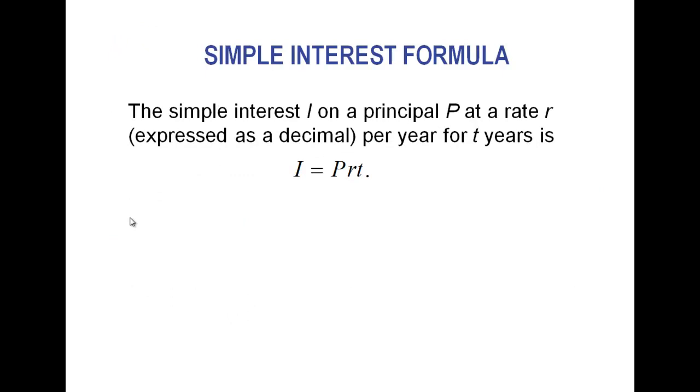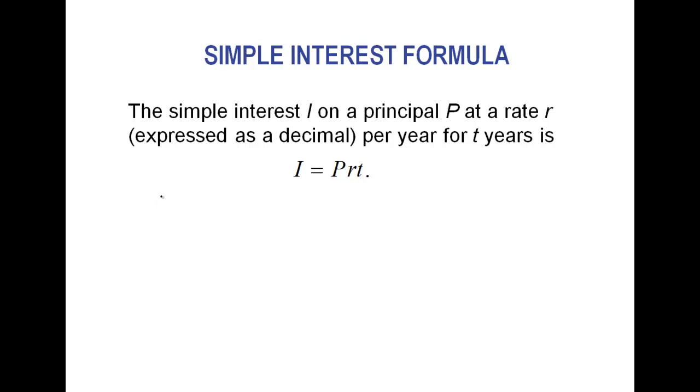So here's your simple interest formula, very simple. I, being interest, is equal to the principal times the rate times time. And the rate and time here have to be in the same unit of measure. So if it's an annual interest rate, let's just do an example.